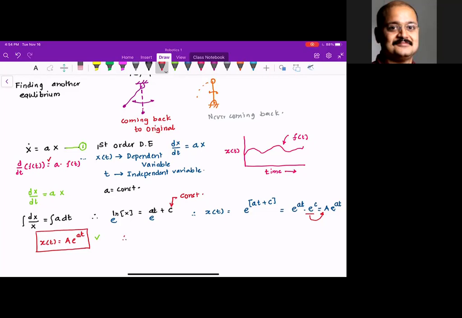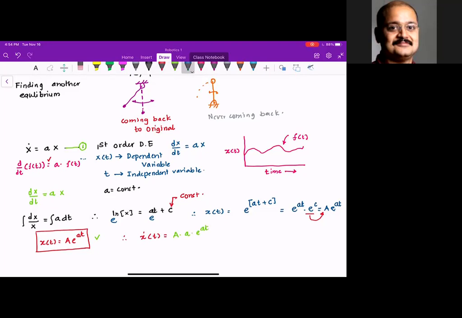So what I did is I did x dot of t. And I know probably you understood, but I need to do this because this will be very important when we try to solve the differential equations using some type of substitution. So that this will become a e to the at.